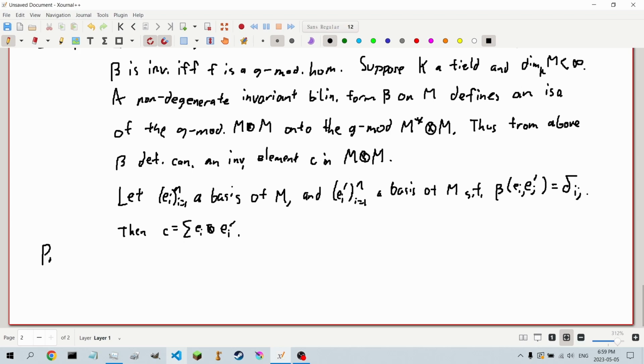Here's a proposition. Let M be a semi-simple G module.